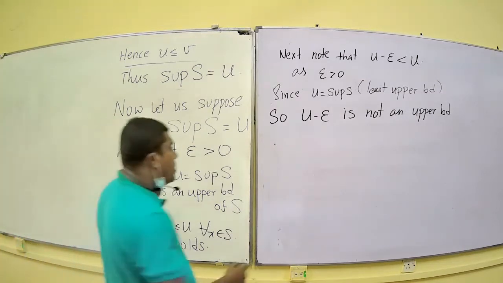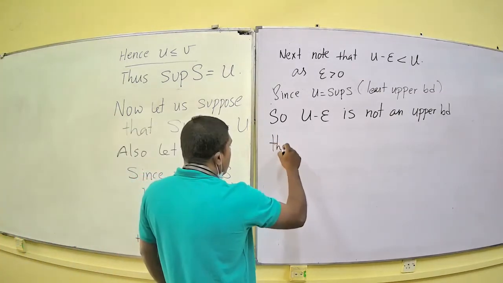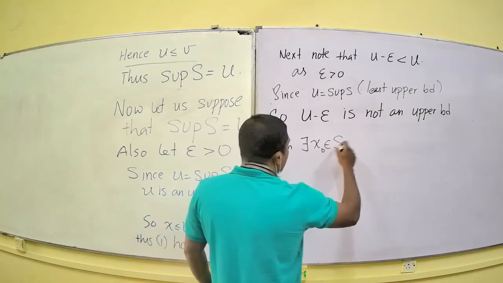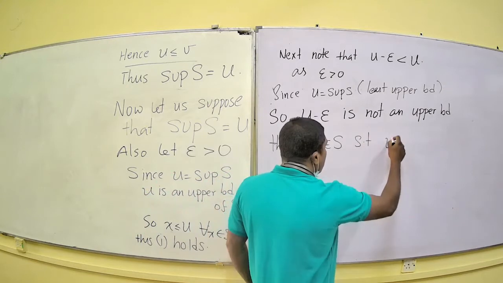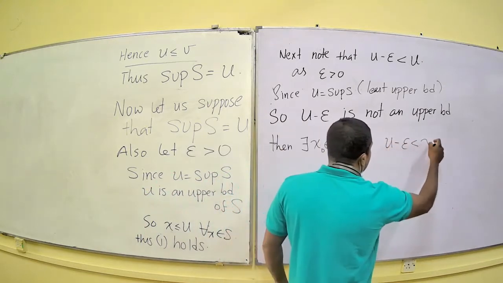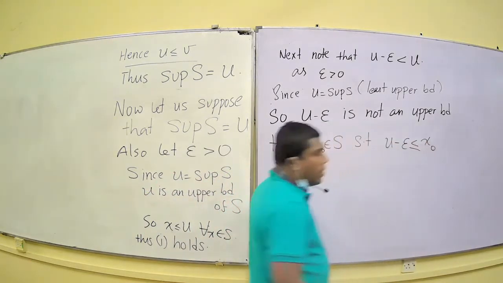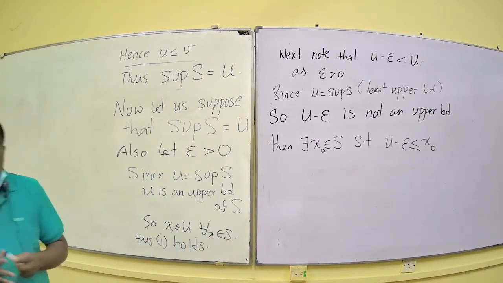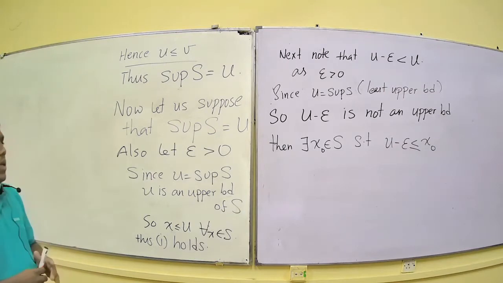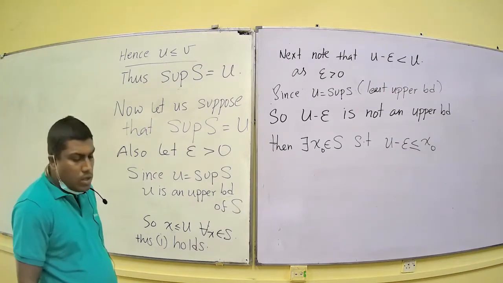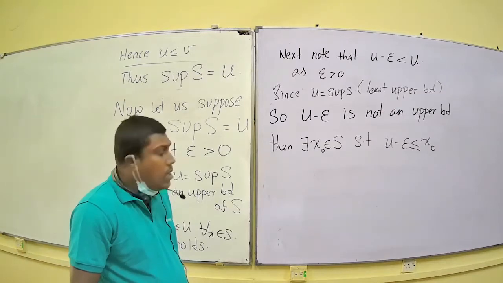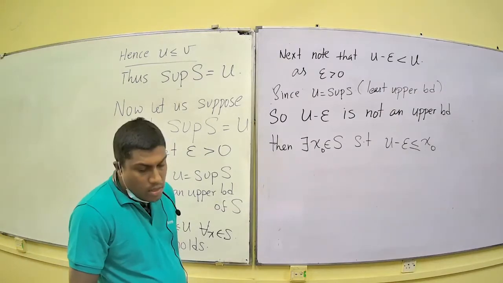So in that case, there exists some x naught belonging to S such that u minus epsilon is less than x naught. Because it is not an upper bound, at least there will be one element bigger than it.